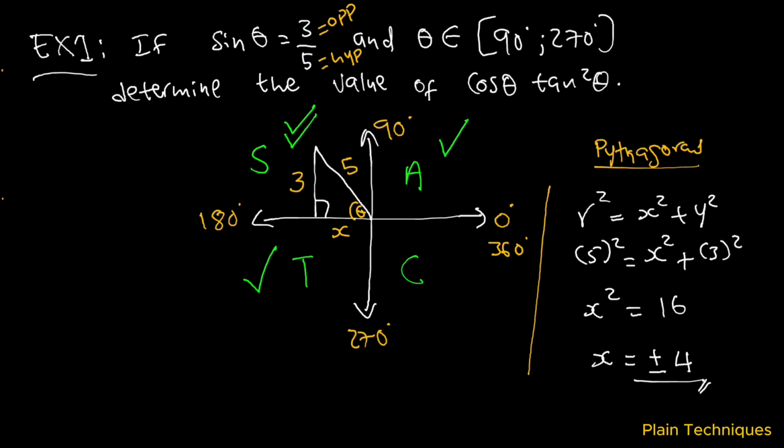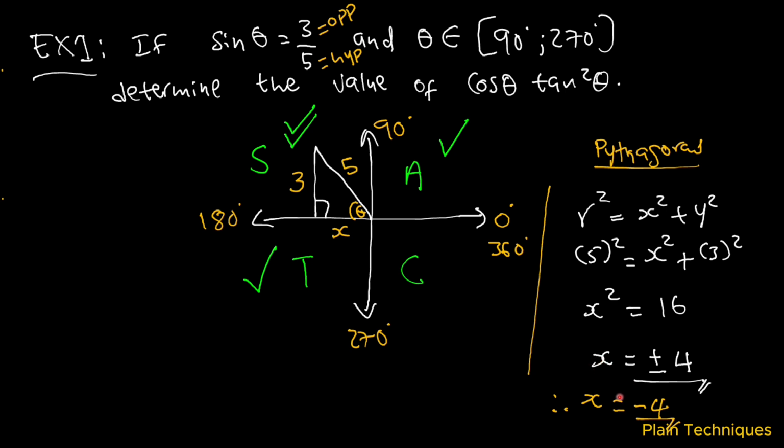So that means the final value of x will be minus 4. Okay, so if the triangle was this side, x was going to be a positive value of 4, because it was going to be on the positive x-axis. You get that? All right.